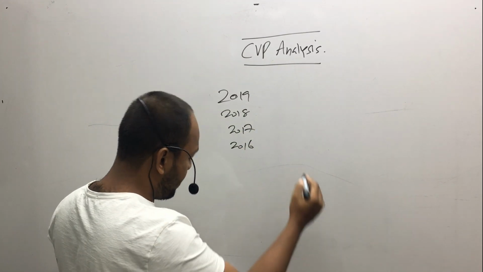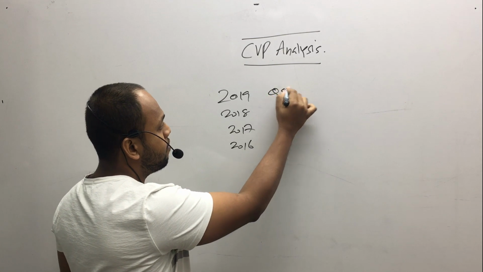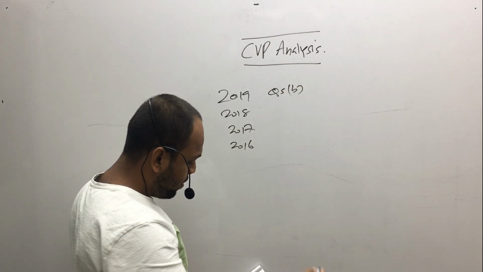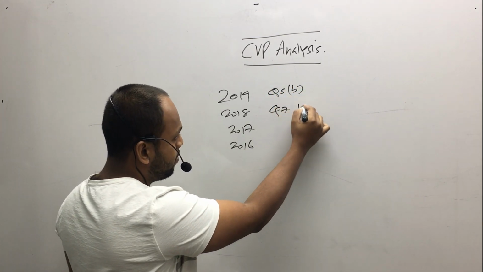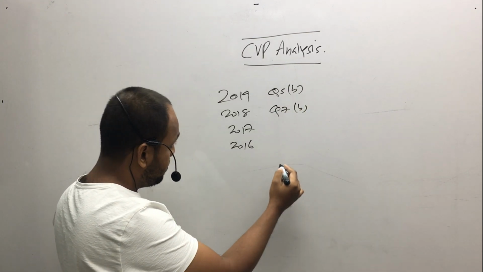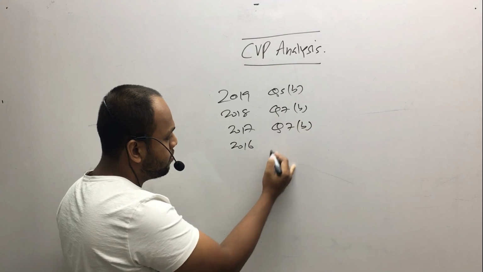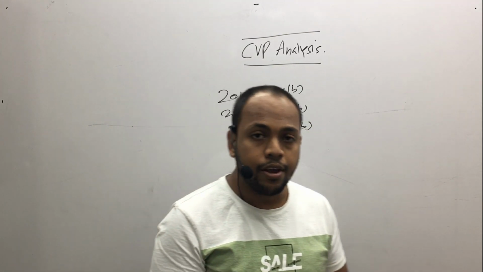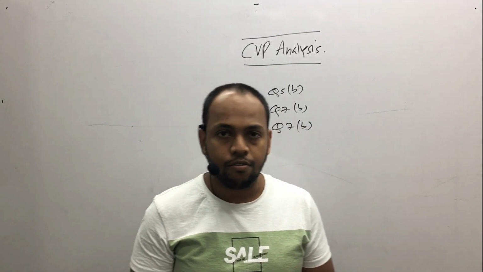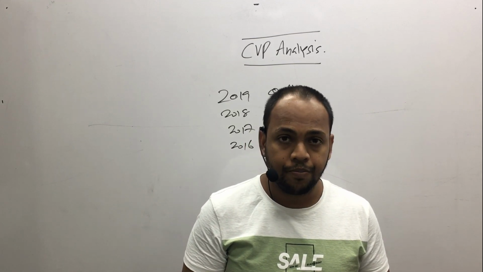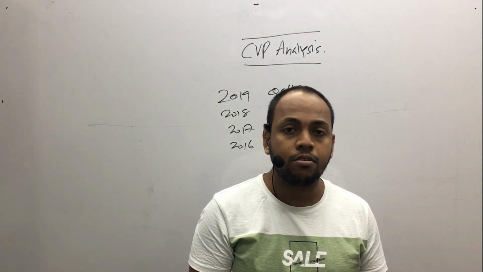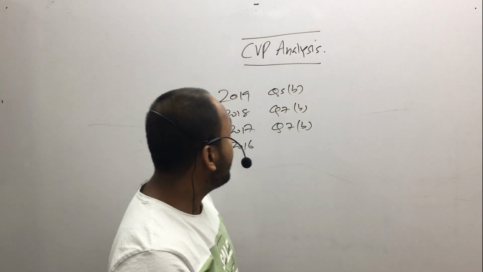If you take 2019, question number 5, part B, 2018, question number 7, part B, 2017, question number 7, part B. So likewise, every year we have one question from this chapter. So what's the importance of CVP analysis?